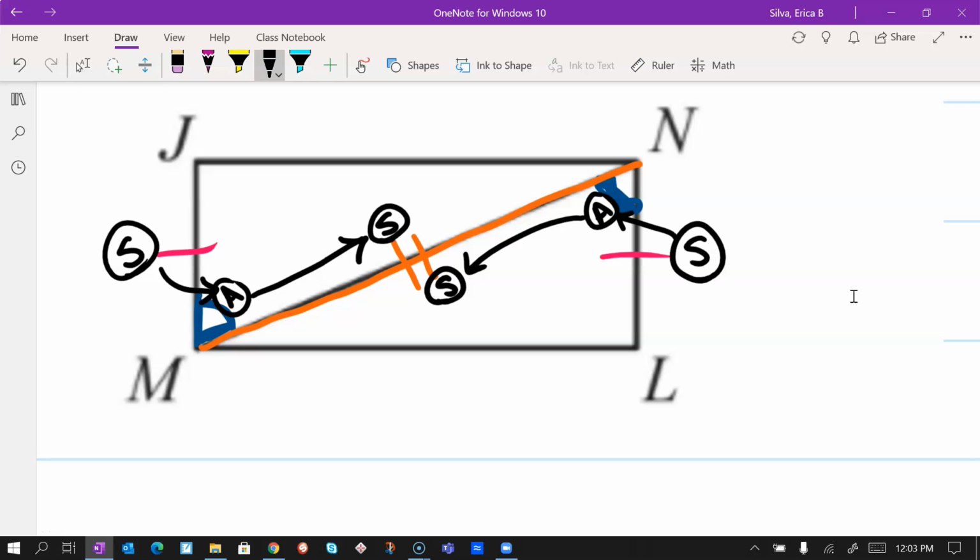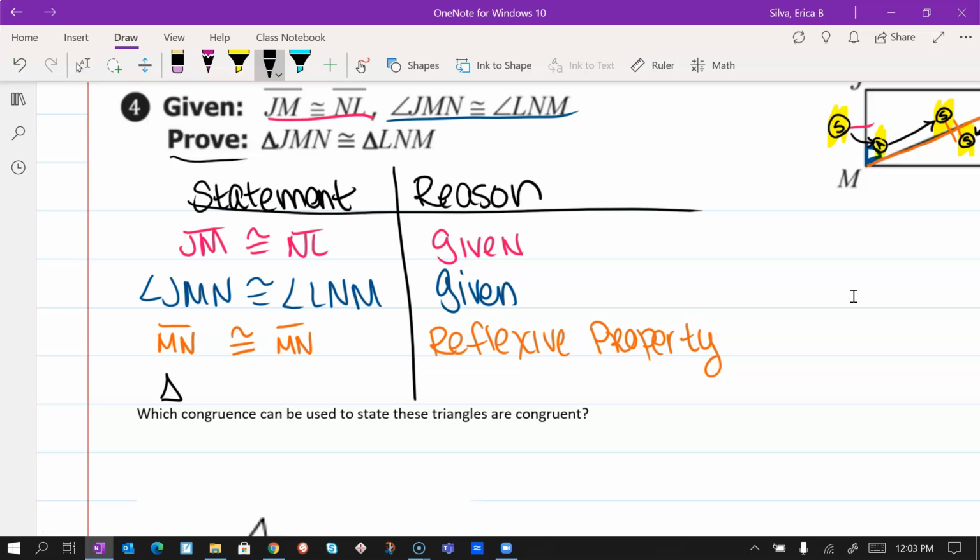So now do we have enough information for us to say that those two triangles are congruent? Yes, because of what postulate? Our side, angle, side. So our last statement again, we go triangle JMN is congruent to triangle LNM because of the side, angle, side postulate.